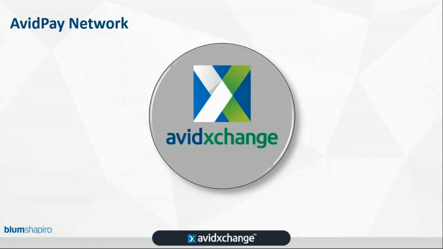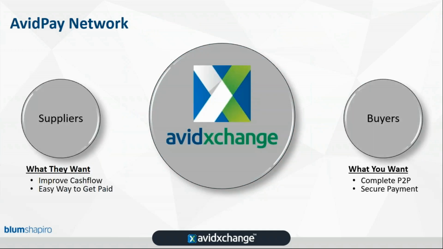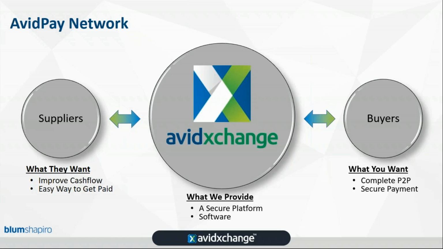So if you think about the Uber network in relation to the AvidPay network, it's very, very similar. On the one side, we have buyers. What do they want? You want a complete purchase-to-pay automated system, and you want a secure way to pay, just like customers and riders do on the Uber network.